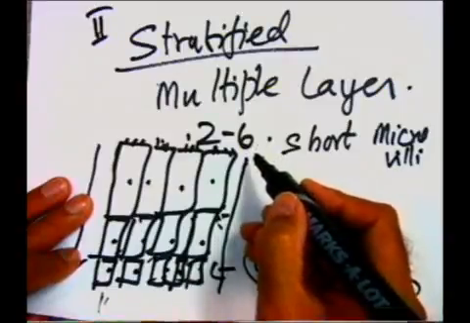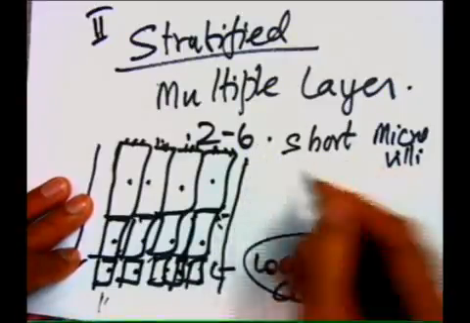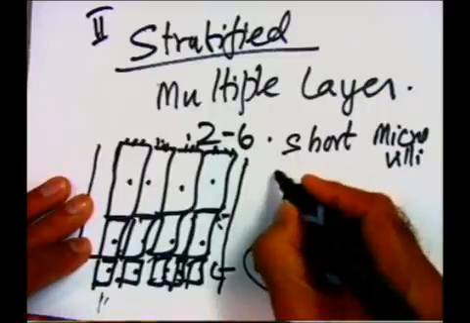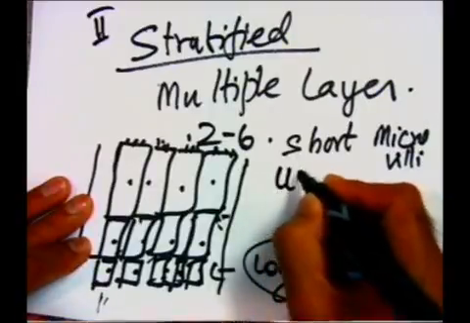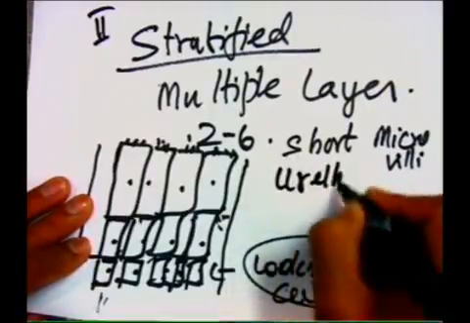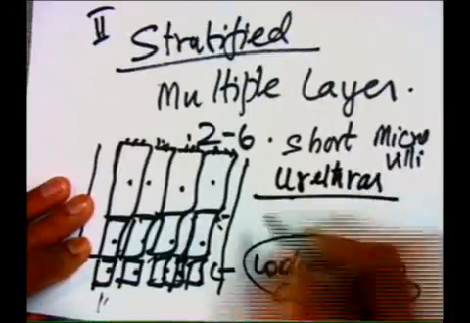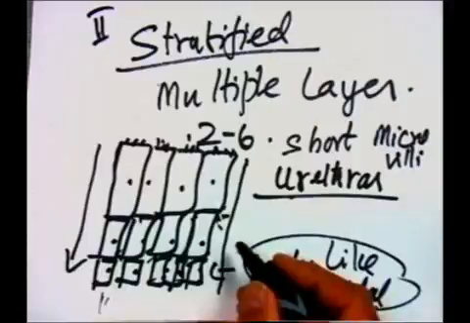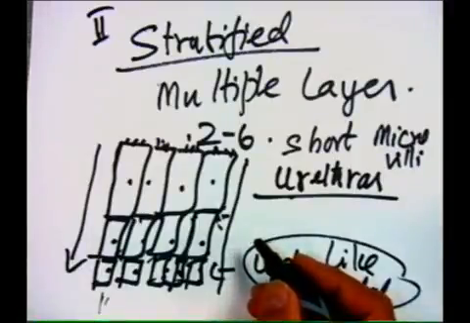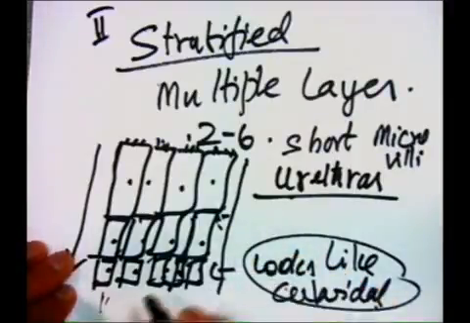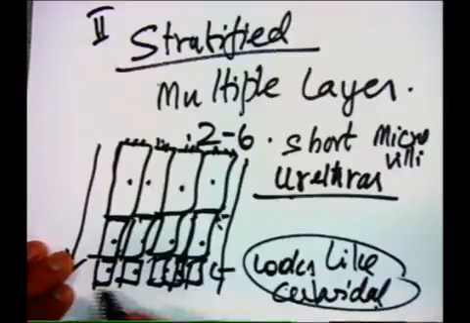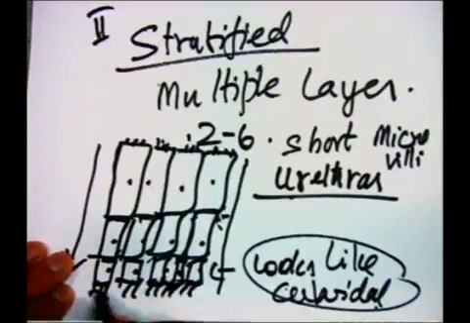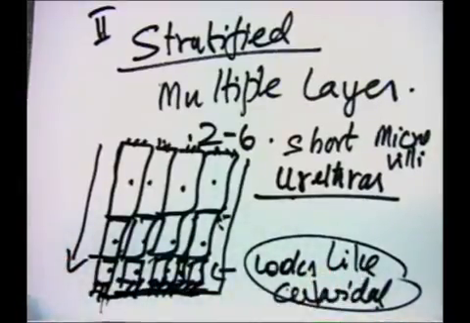Where do you find the short microvilli? They are present in the urethra. U-R-E-T-H-R-A, urethra. You find the short microvilli on these cells, and the basal surface is the same as we discussed, with hemidesmosomes connecting it.